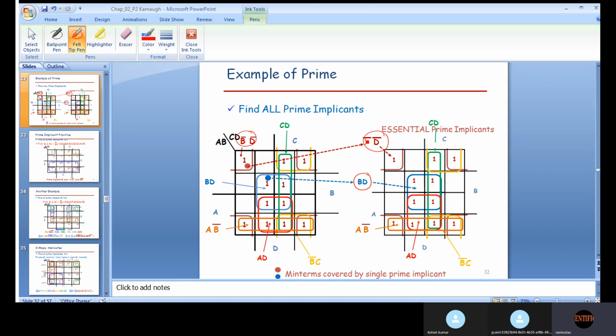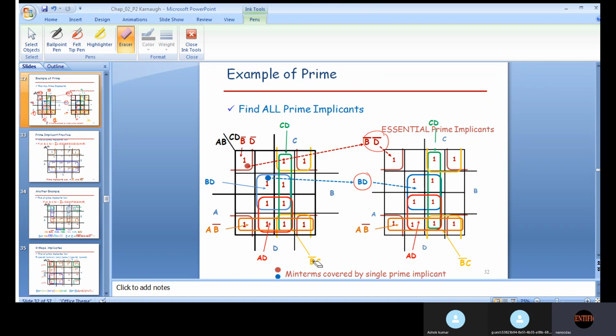Why? Because in each and every prime implicant you can see either B or D. Here D is there, here B bar is there, here D is there, and here B bar is there. In each and every prime implicant you can see either B or D.